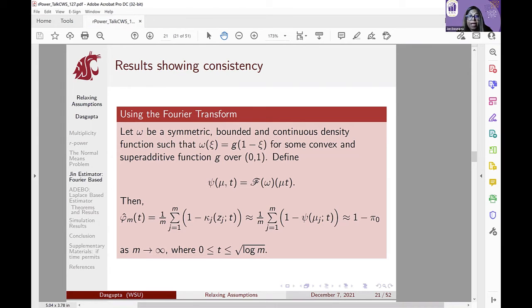If you look here, basically what it's saying is that the Jin estimator will estimate your 1 minus pi naught, so how many are coming from the alternative, under all the regularity conditions. So this was really good news for us.